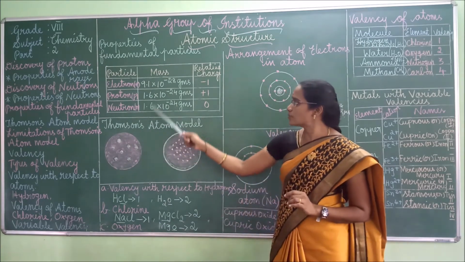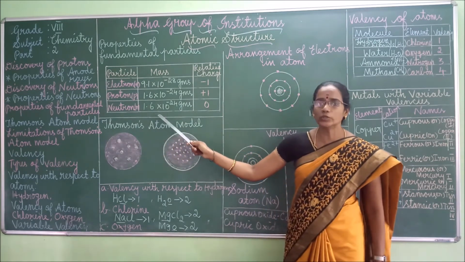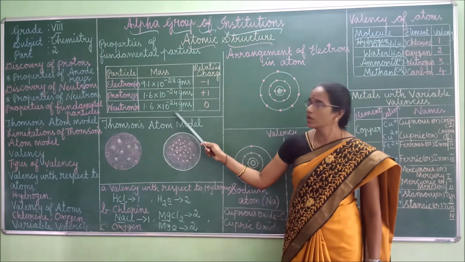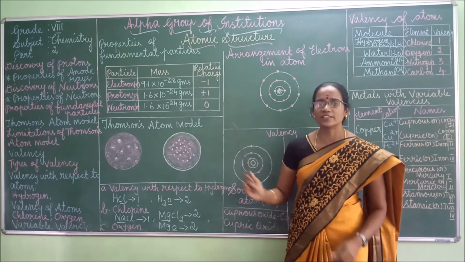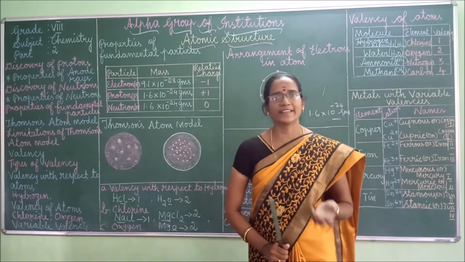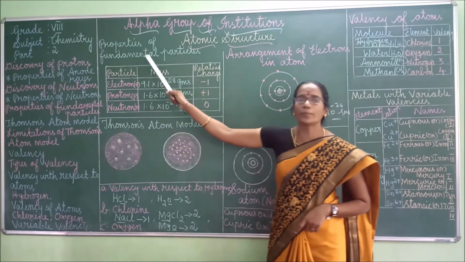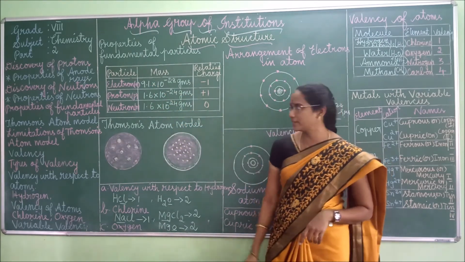The mass of neutron is 1.6 into 10 to the power minus 24 grams, and its relative charge is 0 because neutrons are neutral in nature, they have no charge. Got it, children? These are the properties of fundamental particles.